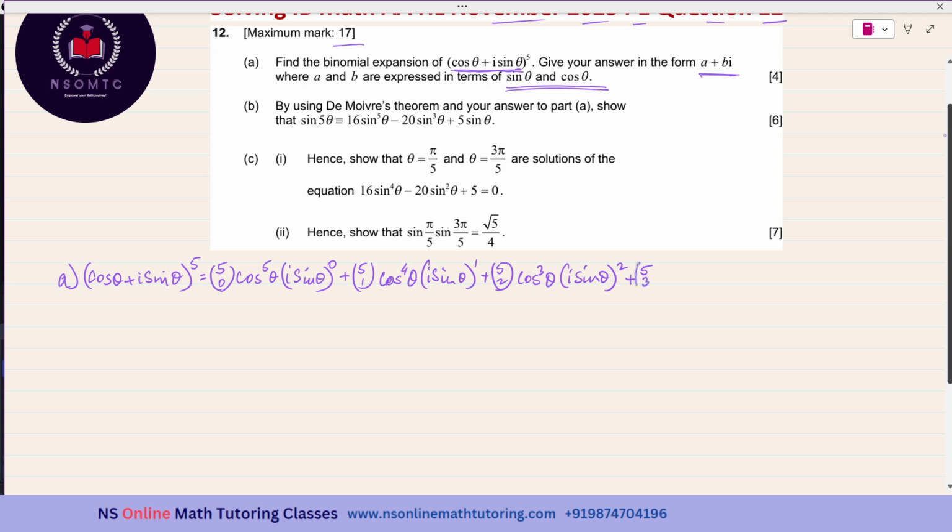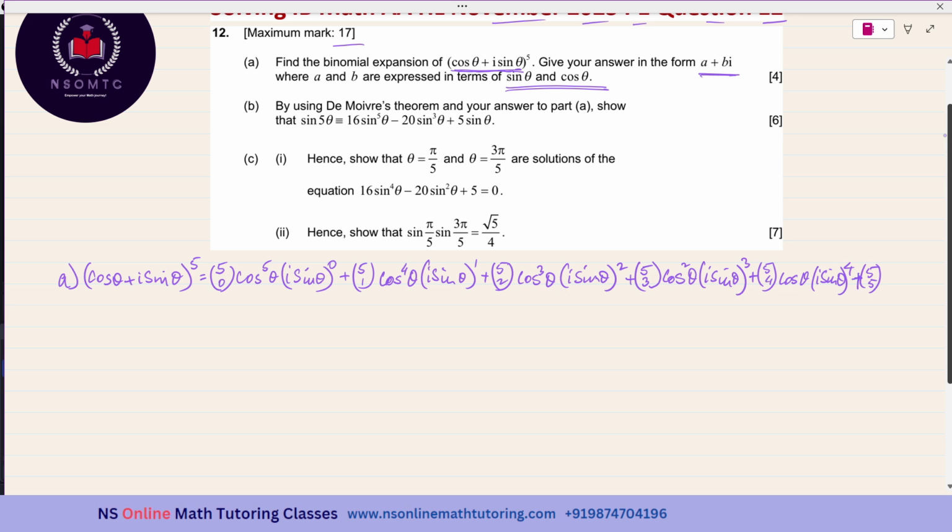5C3 cos square theta and i sin theta to the power of 3, plus 5C4 cos theta and i sin theta to the power of 4, plus 5C5.